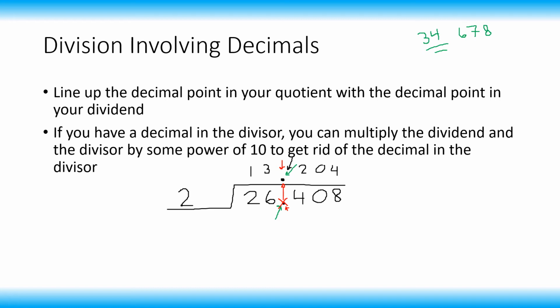Otherwise, what you can do at the start is line up the decimals like I was saying before, put the decimal point in there, and then forget about it. For the rest of the problem, just forget that the decimal points exist, and you can work through the problem that way.